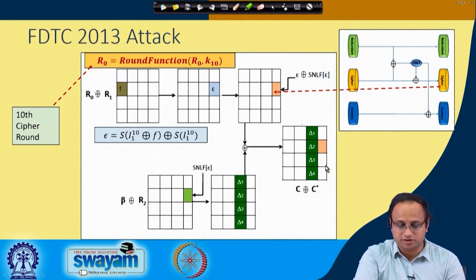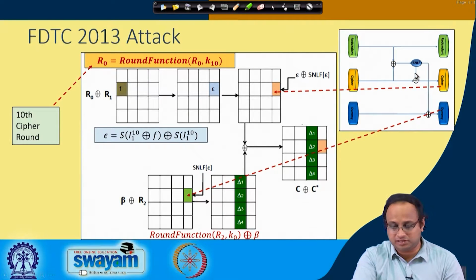If I consider the cipher, it was already there, and it gets further contaminated with SNLF epsilon, and therefore this disturbance becomes epsilon XORed with SNLF epsilon.